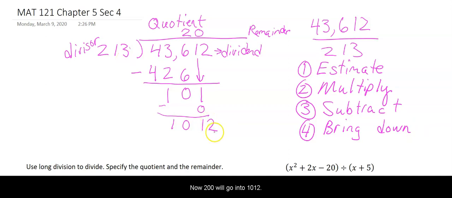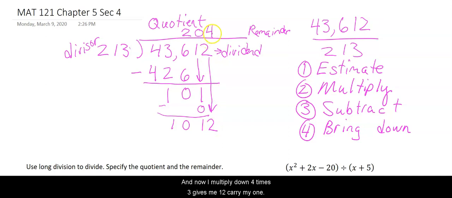Now 200 will go into 1012, but because this is a little more than 200 and this is barely over 1000, I think 5 will be too much. So I'm going to estimate 4. I put the 4 above the 2 I just brought down. There's my brought down 2.